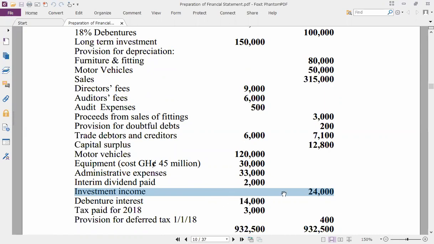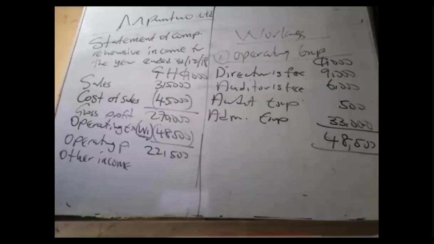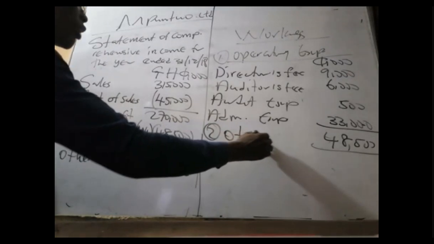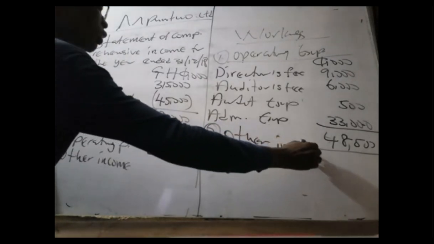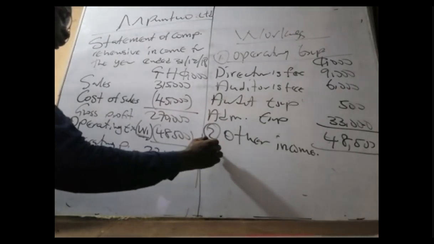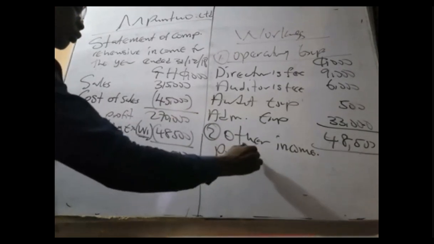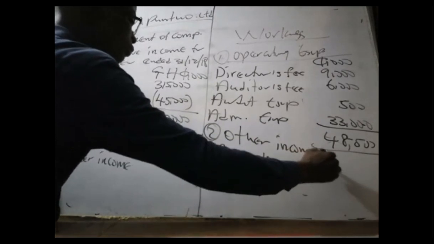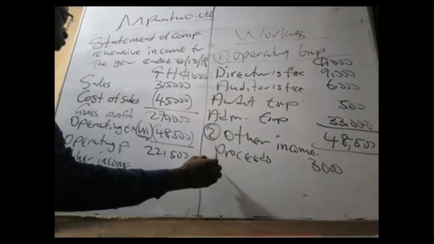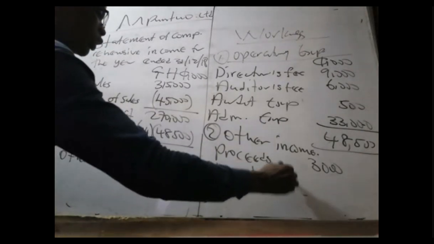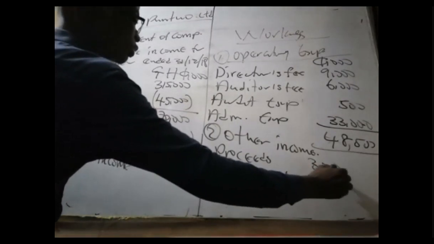So therefore, the other income: investment income of 24, proceeds from sale of 3,000. So workings number 2, Mr. Examiner, other income. Number 2, first item on the list is what? Proceeds from sale. We had 3,000. Second, we have investment income, 24,000.